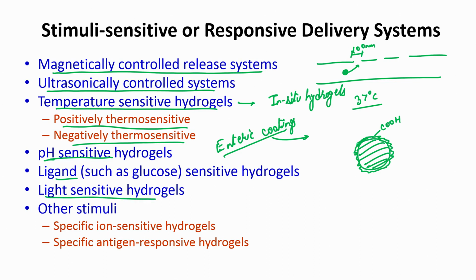So you can have light as a trigger for either bond formation or bond dissociation. So all of this will change the release rate, and then you can have other stimuli as well. Basically what you can think of and then engineer with the current library of the products that we have in the market. You can have something specific to a certain ion. So maybe calcium, maybe magnesium, it may be certain antigen. So like ligand, this could be anything else as well, and all of this can result in a responsive or a stimuli sensitive delivery system.